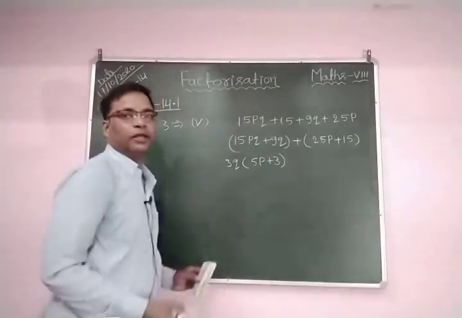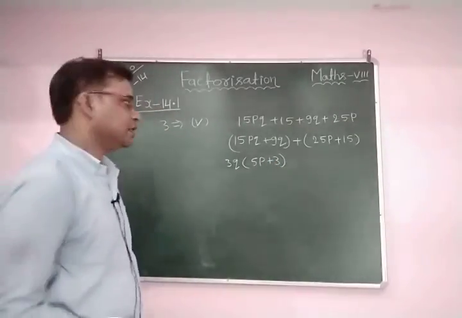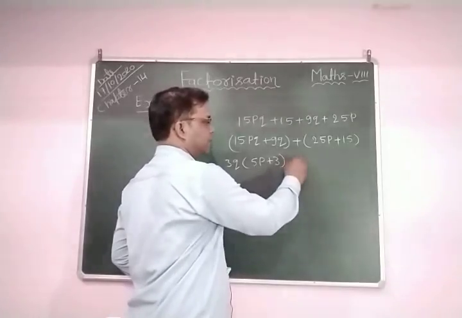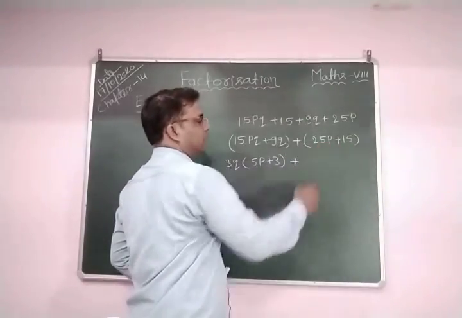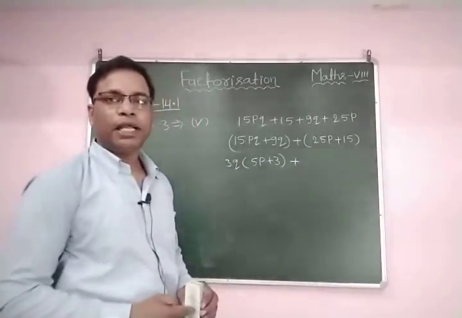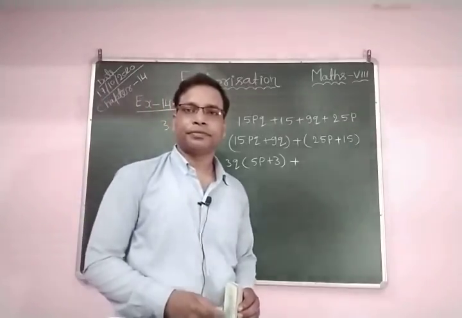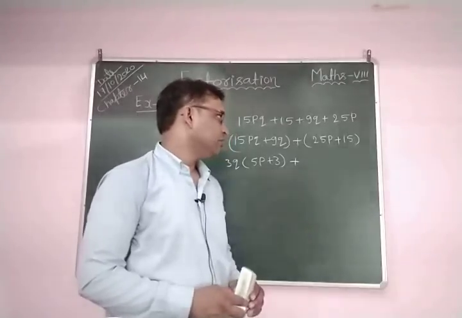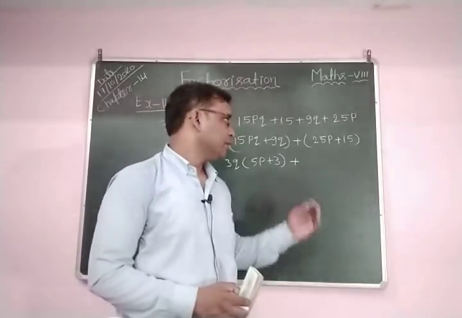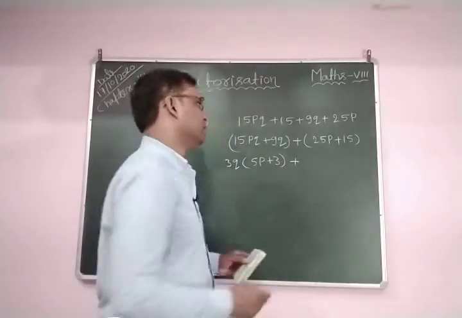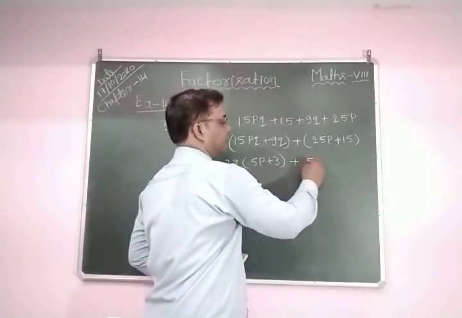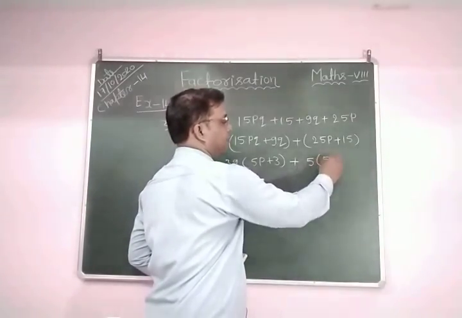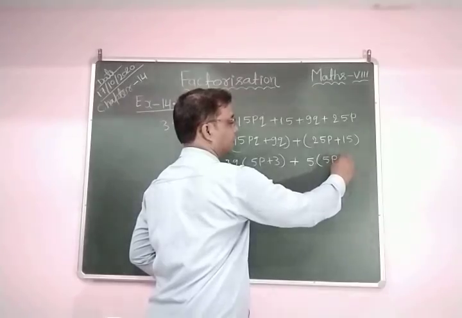And again plus, what is common between them? 25 means 5 into 5, and 15 means 3 into 5. So we take common 5, and you have 5p plus 3.